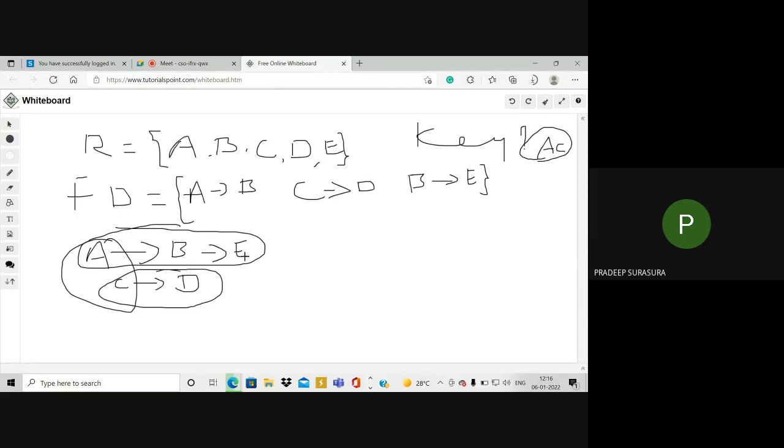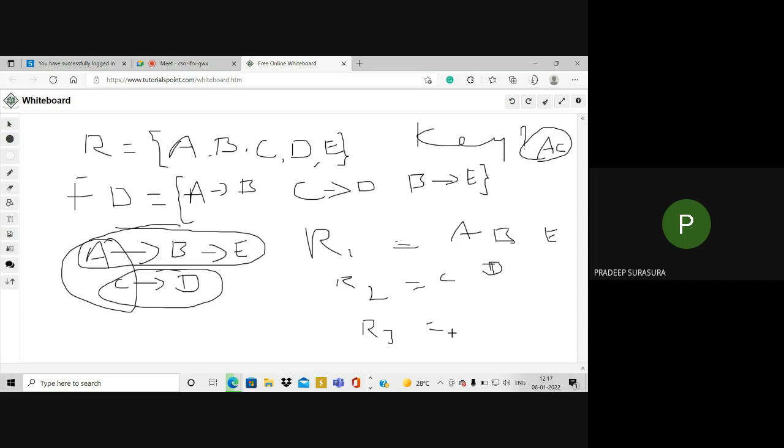You can write R1 as A, B, E, and R2 as C, D. Since you don't find any relation between these two, the tables are acting completely independently.